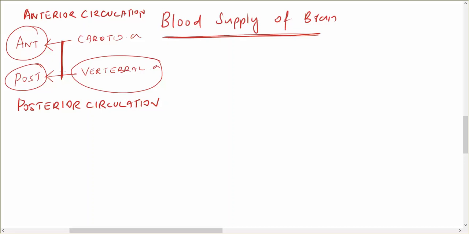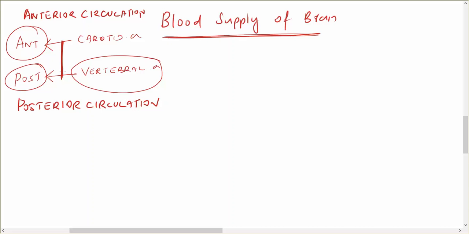Okay, so we are going to talk about the blood supply of the brain from three perspectives. One is from the posterior side, one is from the anterior side, and the communication between the posterior and the anterior. We are also going to discuss the main branches which supply the major interior parts of the brain.